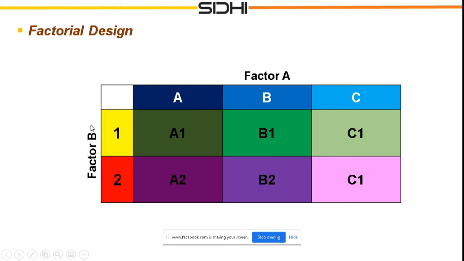And I have 2 different stresses, for example drought and flooding. So what is the effect of nitrogen level 1 in drought stress? What is the effect of nitrogen level 1 in flooding condition? What is the effect of nitrogen level 2 in drought stress and nitrogen level 2 in flooding condition, for example? So you're going to see the interactions of factors here and see which one is more effective, which one is more drastic, or something like that.